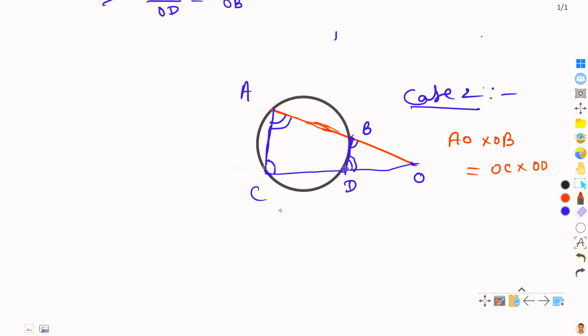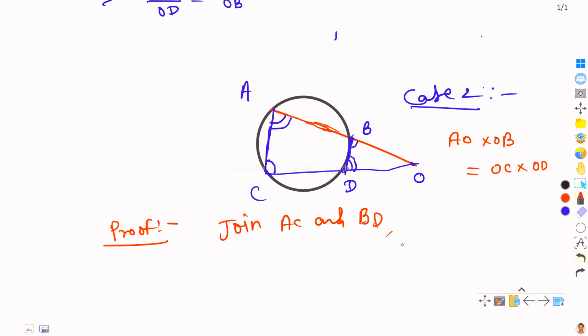So what is the method to prove this? Join AC and BD.